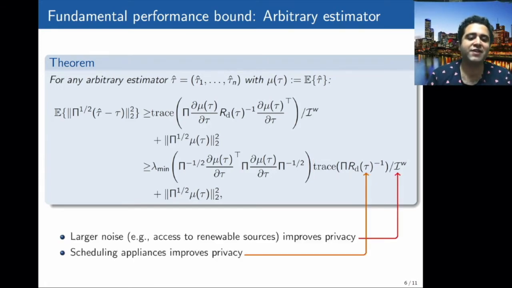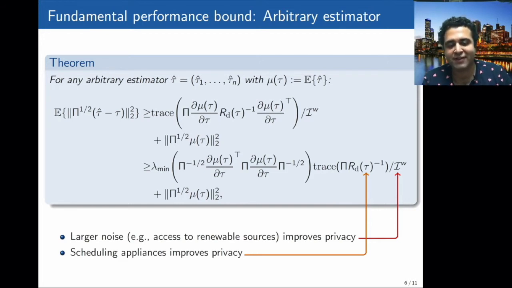A couple of interesting things here. If we have larger noise, like a lot of renewable energy, a lot of battery, or a lot of uncertainty in our measurements because of loads that we didn't model, we would have a higher guarantee in terms of privacy, because larger noise means smaller Fisher information, and that means a larger lower bound on the variance of the estimation error.